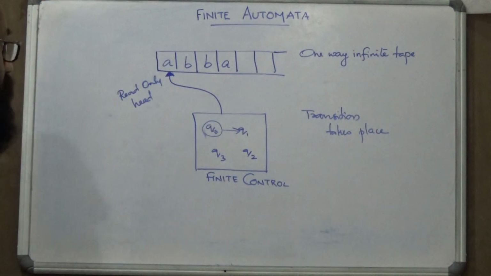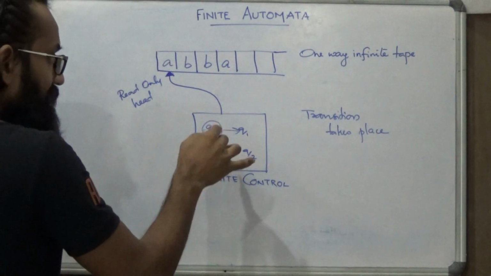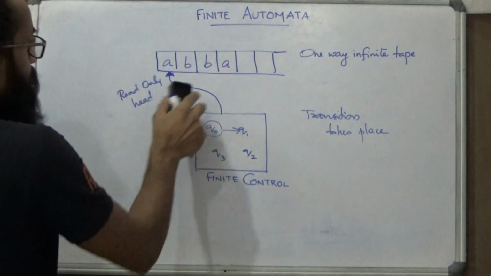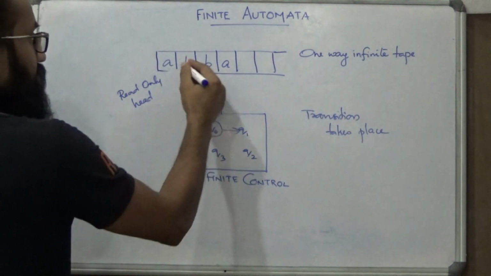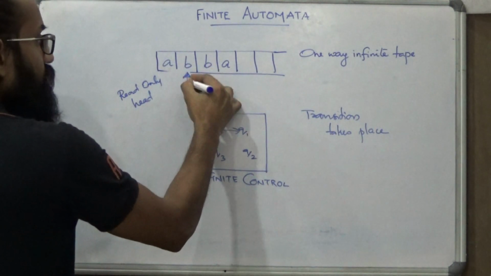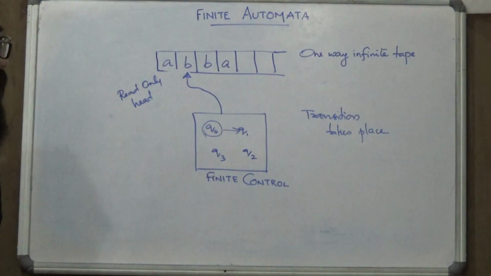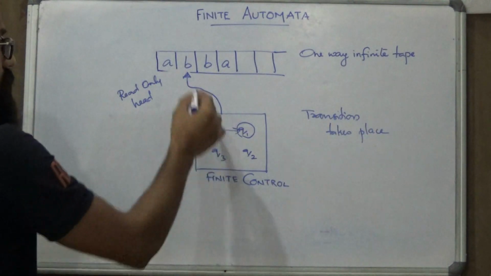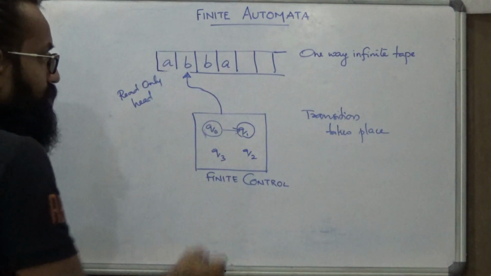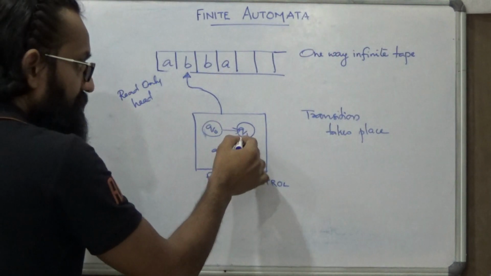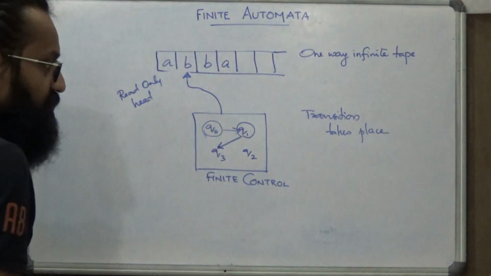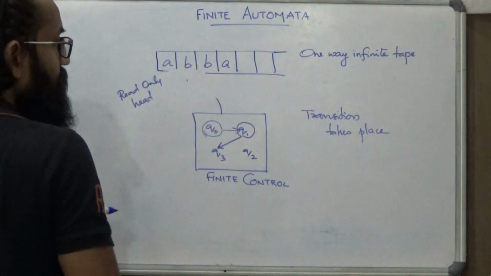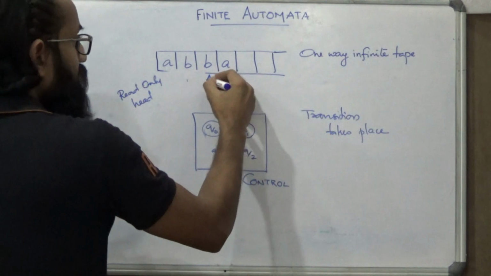Now at the end of or during that transition, after the state change, the read-only head will advance one unit to the right. Now it is clear that the machine is in state Q1. From state Q1, assume that the input is B. If the input is B, let the state of this machine change from Q1 to Q3. After this transition, the read-only head will advance one unit to the right.